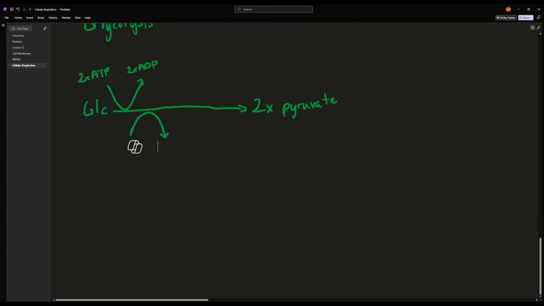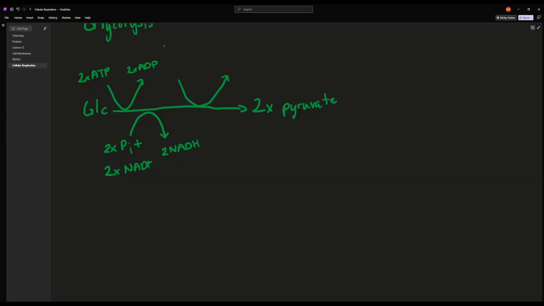We are also going to add in 2 inorganic phosphates and 2 NAD plus to give 2 NADH. And then finally, take 4 ADP and get out 4 ATP.